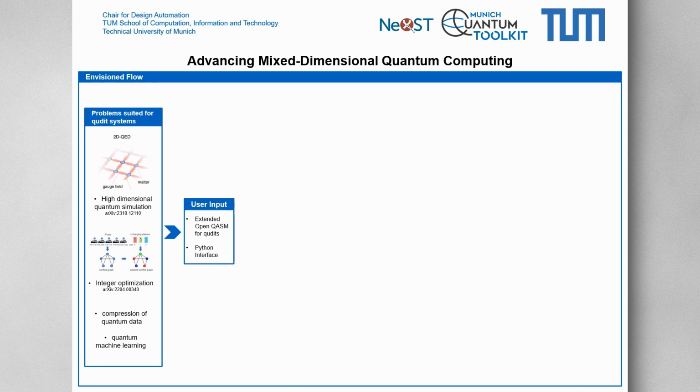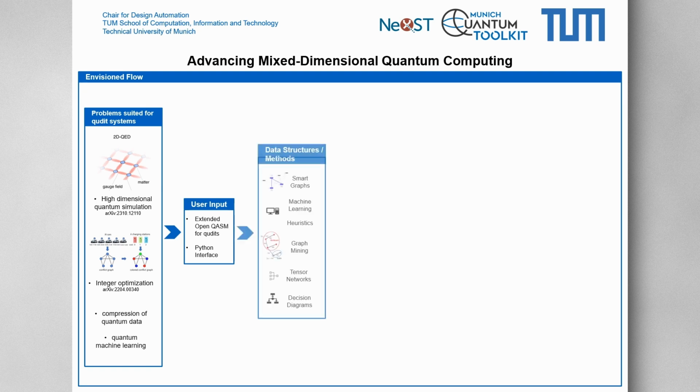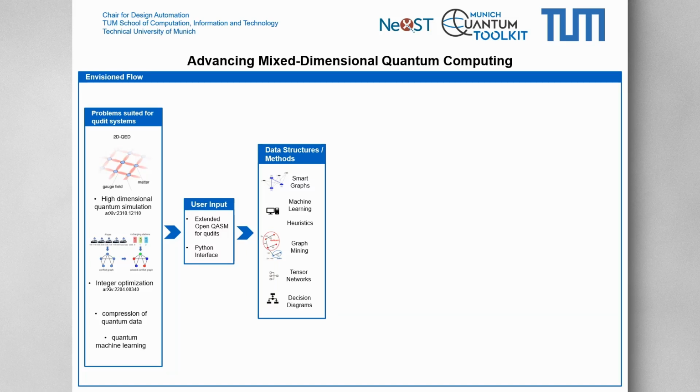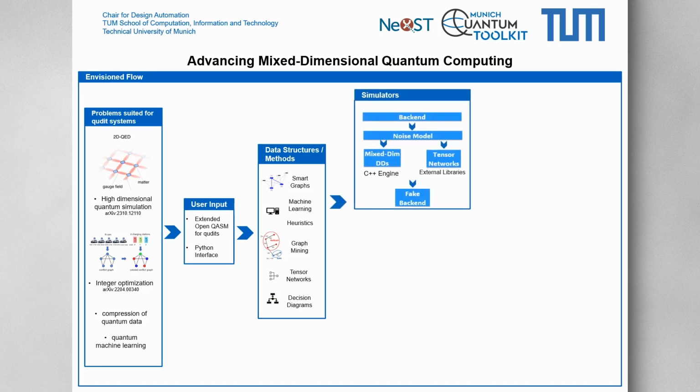For this reason, we have introduced a new way to specify these problems in terms of quantum circuits, via an extended OpenQASM for qudits or a Python interface. These quantum circuits then can be efficiently manipulated and represented by data structures and methods such as graphs, machine learning, heuristics, tensor networks, or decision diagrams. And these last ones have been used for developing a mixed-dimensional decision diagram simulator, for example.